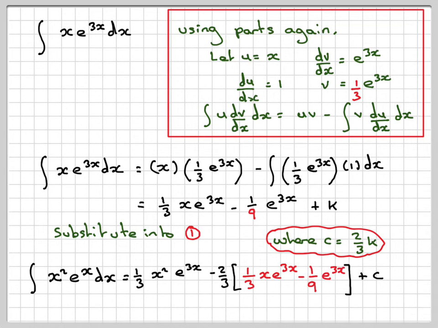Strictly speaking, it will be minus 2/3 of k. Right, now we will expand that, so that will be minus 2/9 x e to the 3x plus 2/27 e to the 3x plus c.